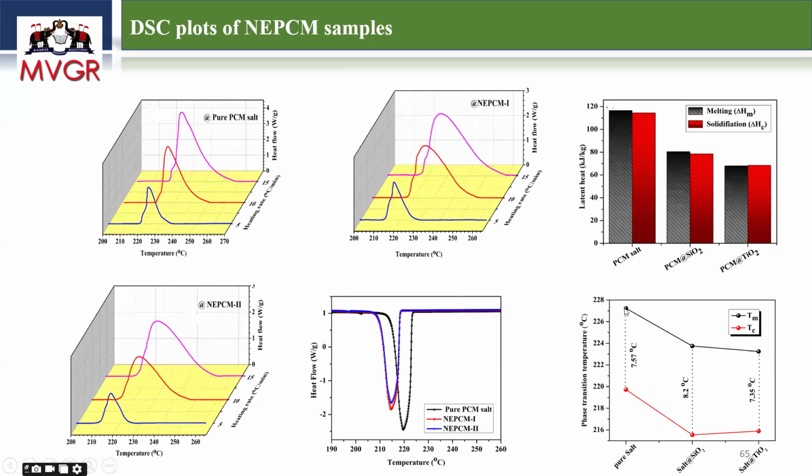During the heating, it is at 228 degrees centigrade. During the cooling, it is releasing that at 220 degrees centigrade. So here only a small temperature difference is observed, and it is quite improved. Very small improvement was observed in the silicon coated salt material, and if it is titanium oxide, a very small amount we can see.